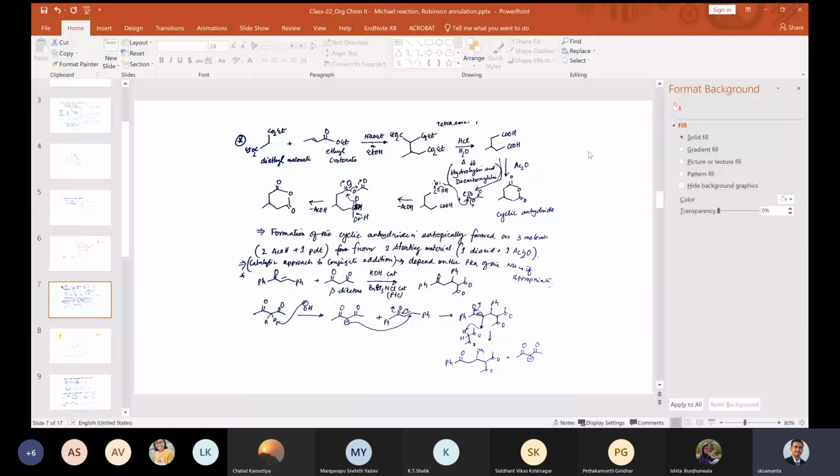The answer is yes, it is possible, only if the negative charge that forms in the molecule has a pKa which can take the acidic proton of this beta diketone or of this nucleophile. Did you understand what I said?